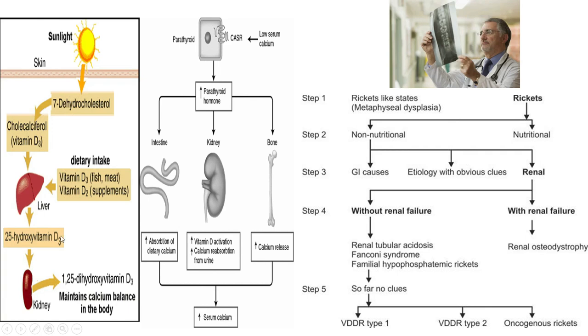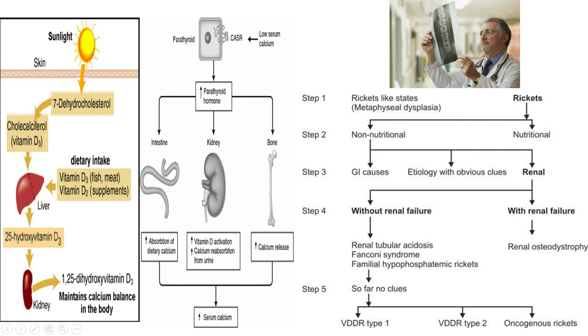We have to understand the different types of rickets. Now along with this there is a special type of biological feedback in our body due to parathyroid hormone. If there is low serum calcium in our body, that will be sensed by the receptor present in the parathyroid gland, which increases the parathyroid hormone. Normally the parathyroid hormone acts on the intestinal cells, which increases the absorption of calcium.